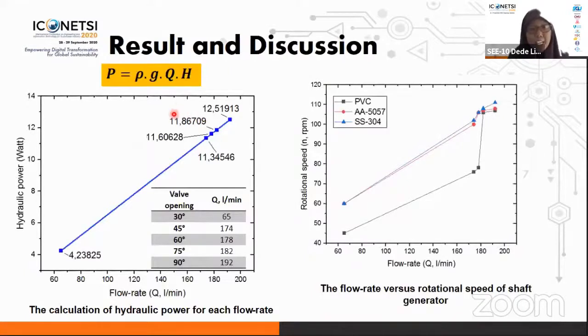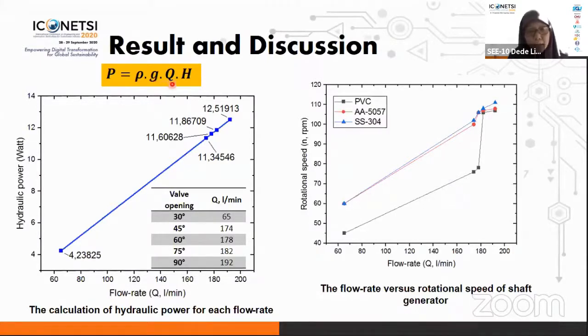Theoretically, hydraulic power generated from a hydropower plant can be calculated by using this equation, where rho is water density with the value of 997 kilogram per meter cubic, and g is the gravitational acceleration with the value of 9.81 meter per second square.